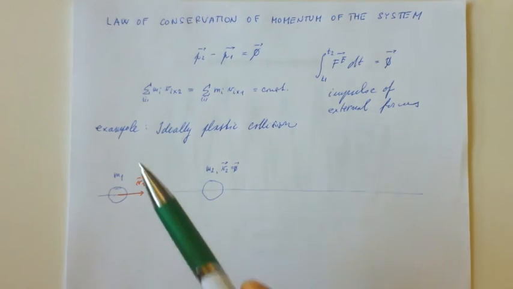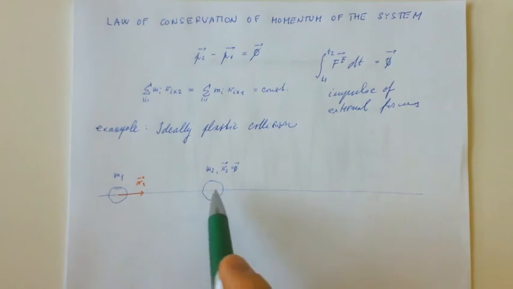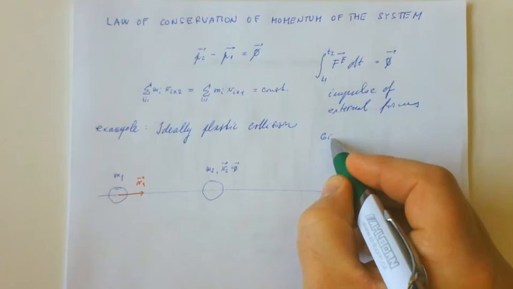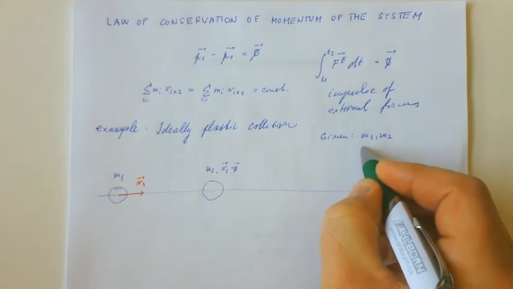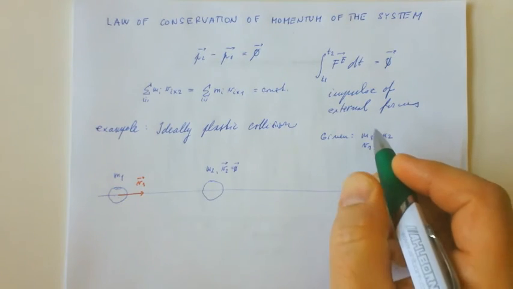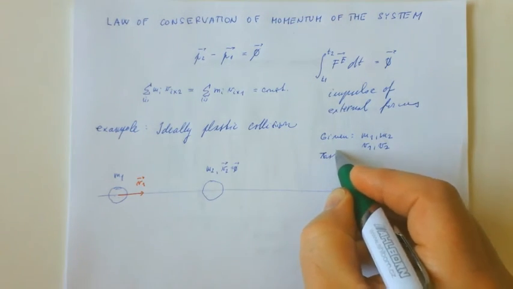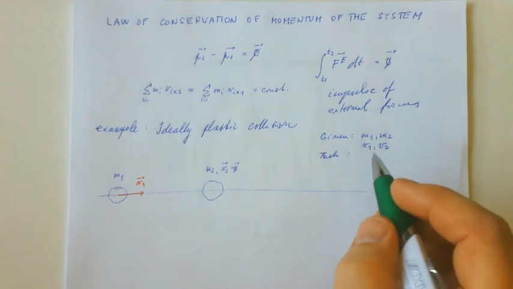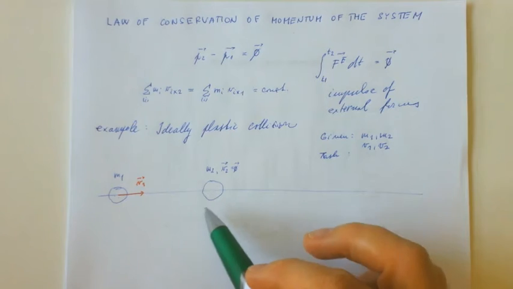So what happened now? This is given, or we can write it here. So given there is mass 1, mass 2, v1, v2, and what is the final task? It is to calculate the velocity of the system after collision.